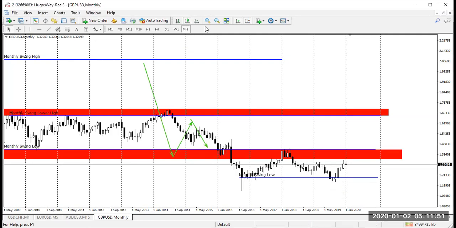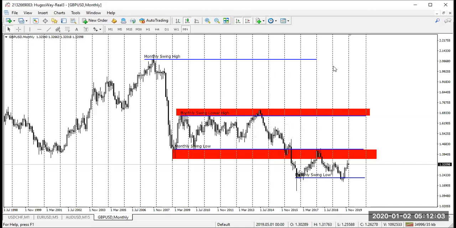Notice how this new monthly swing high here falls right at this monthly swing low here.